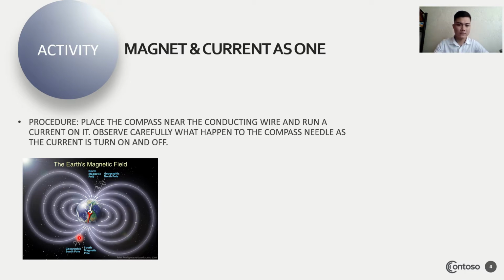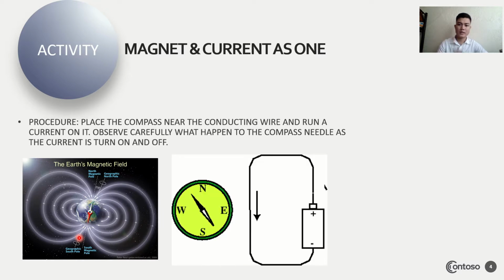Now for this activity, you are going to make this. Again, this is our battery. You place the battery, then we have here a conducting wire and we have a compass here. On your end, I want you to follow this diagram.